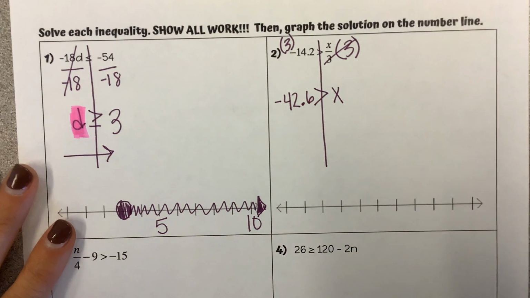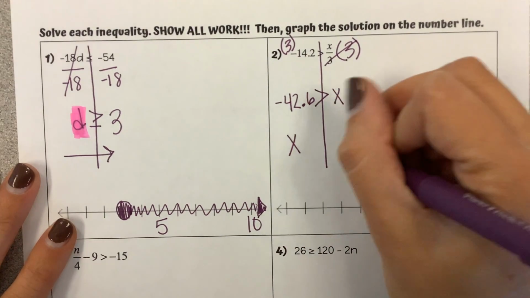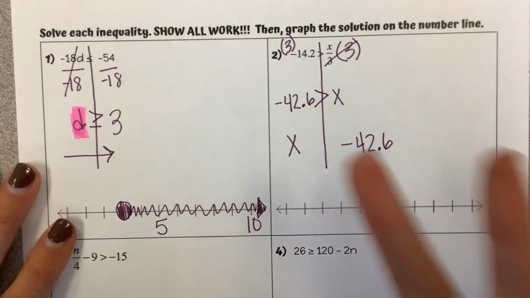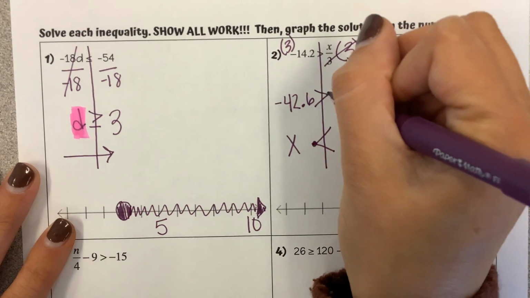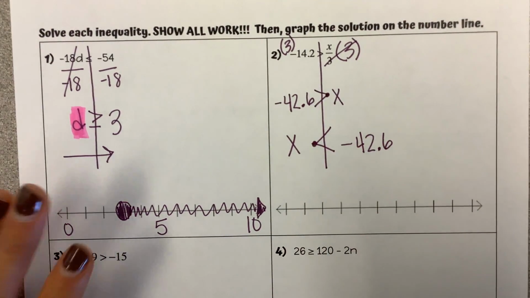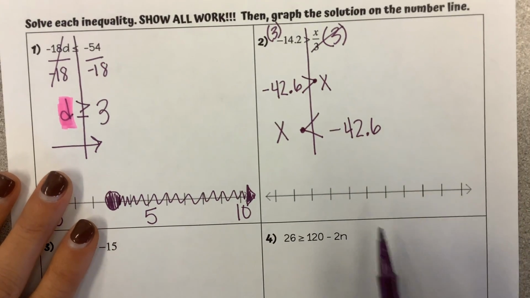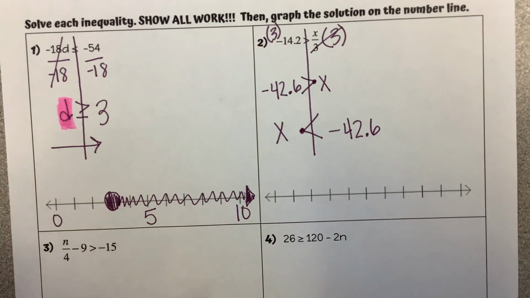What I like to do to make it easier to graph is I flip it around so that my variable's on the left. So X on the left, -42.6 on the right. Since I flipped that around, I also need to flip my inequality symbol around so that point stays with the X. And we have a decimal value. This is a range of 10. So since we're looking at tenths here, I'm just gonna have each tick mark represent 1/10.